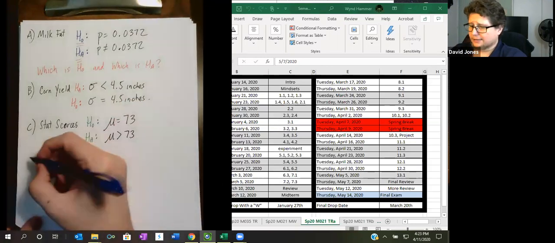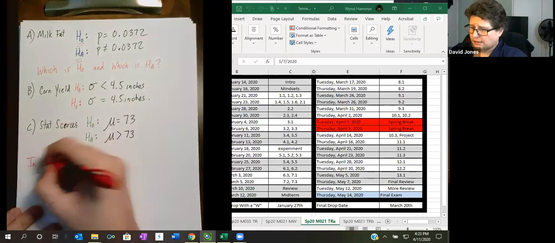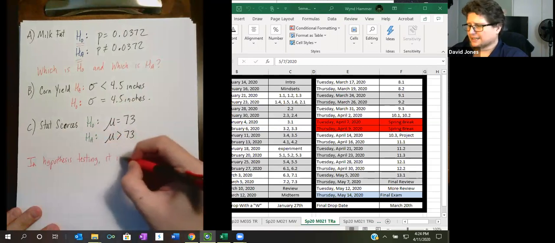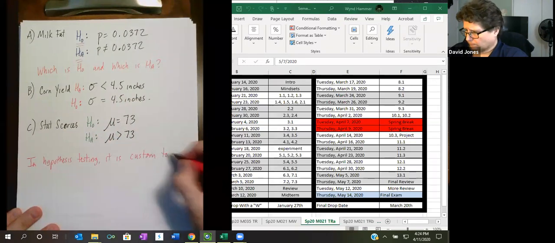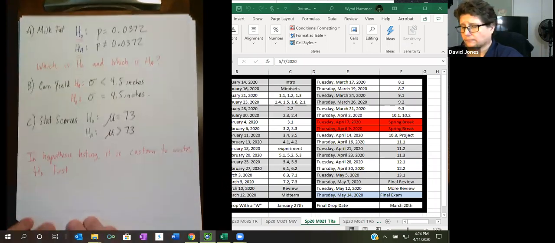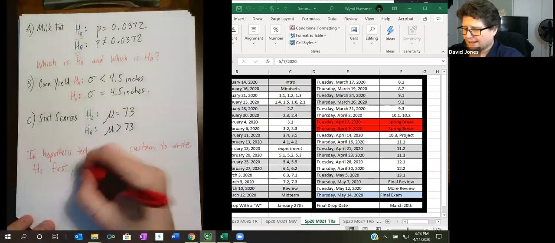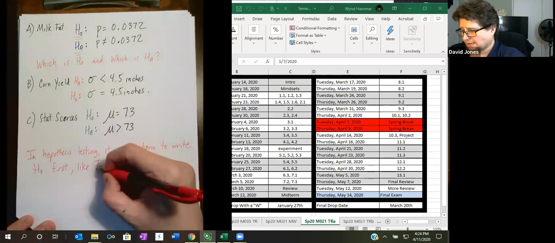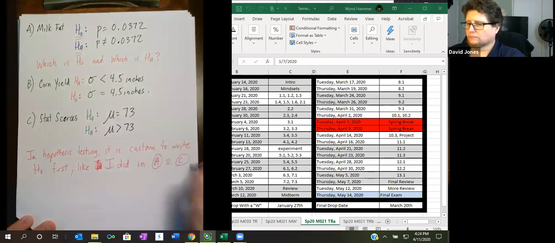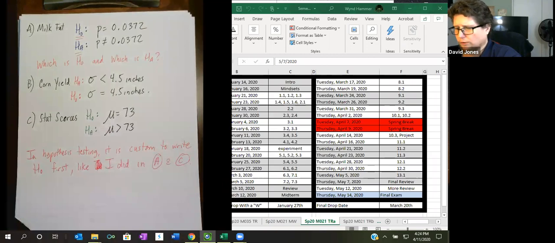In hypothesis tests, it is custom to write H0 first, like I did in A and C. The only reason I did it different in B is because sometimes the problem isn't written in symbols like that, but they state the alternate hypothesis before actually stating the original one.